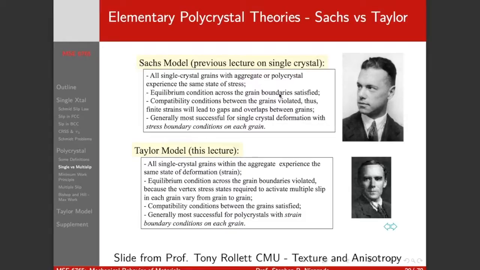So he says the simplest way to maintain a compatible strain field is that all the grains see the exact same strain, which means that stress equilibrium across the grain boundaries is violated. But it turns out that it's closer to what appears to happen in reality. Taylor does a better job of predicting for a lot of polycrystals than Sachs does.